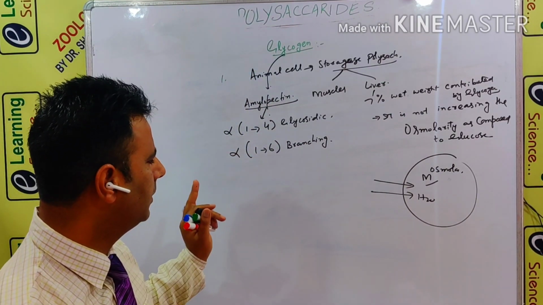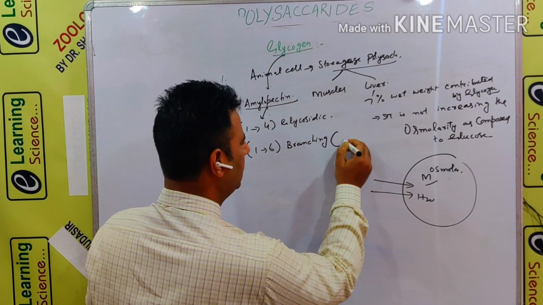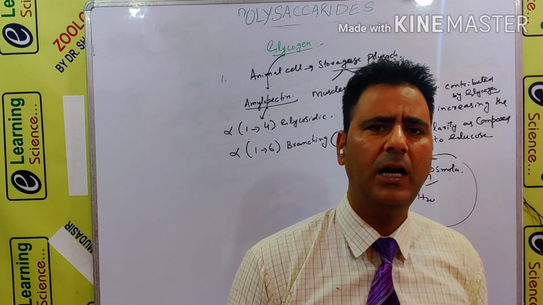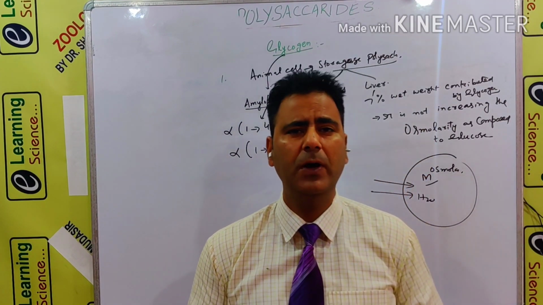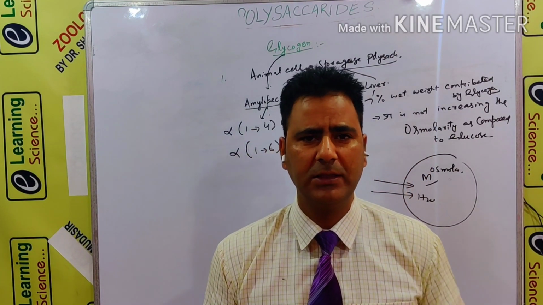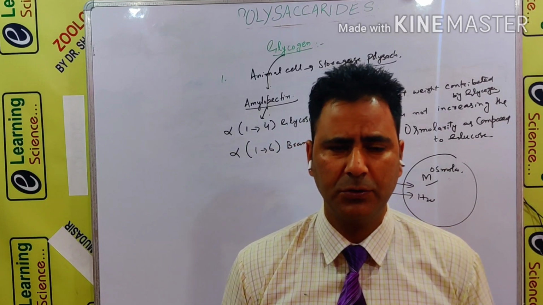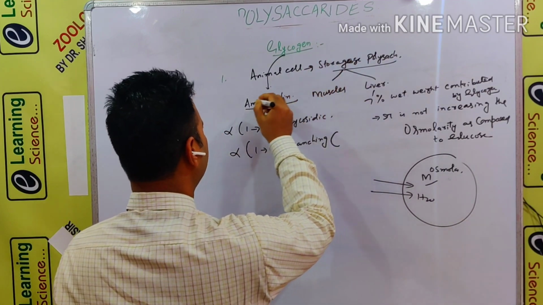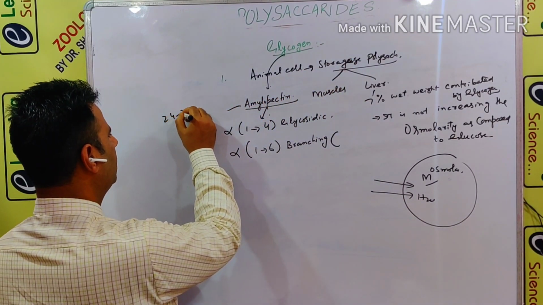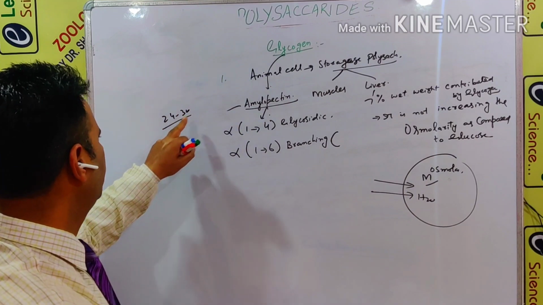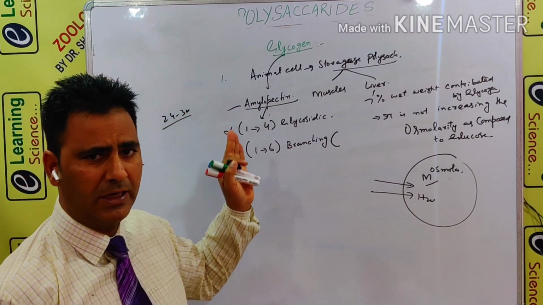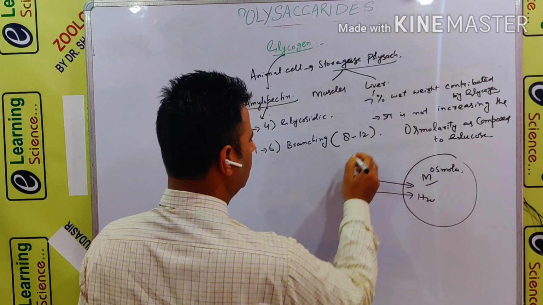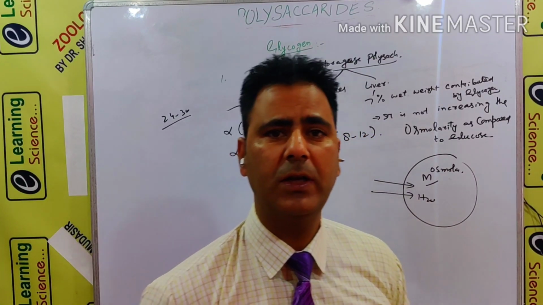In case of glycogen, the branching is highly dense. You will find more intense branching in glycogen as compared to amylopectin. In amylopectin, we have seen there was a branch point after 24 or 30 monosaccharide residues, and here you will find the branching is just after 8 to 12 residues.